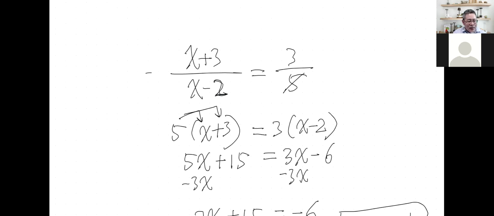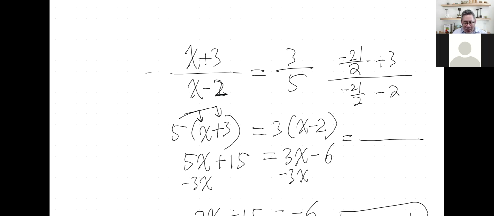So we got negative 21 over 2 plus 3 over negative 21 over 2 minus 2. Since we're dealing with fractions, we want the same denominator, so it's negative 21 over 2 plus 6 over 2. The bottom, negative 21 over 2 minus 4 over 2.